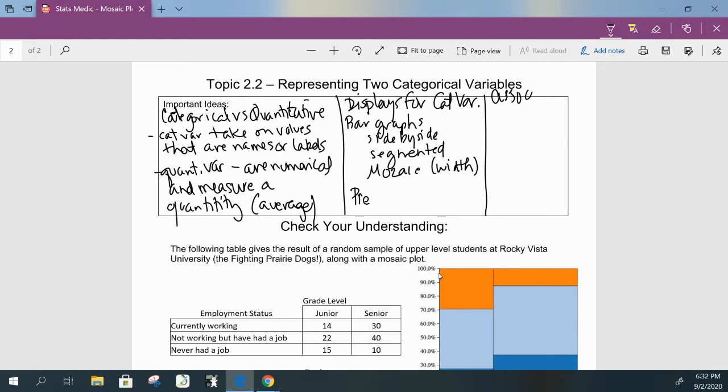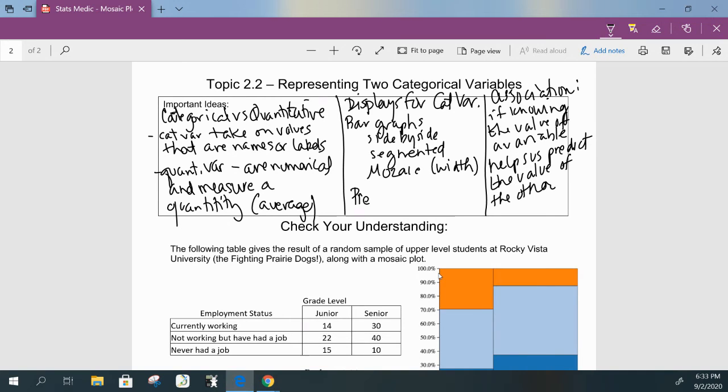And then association. If knowing the value of a variable helps us to predict the value of the other, then the two variables are associated.